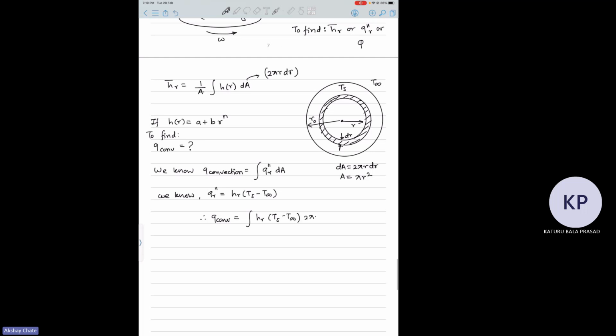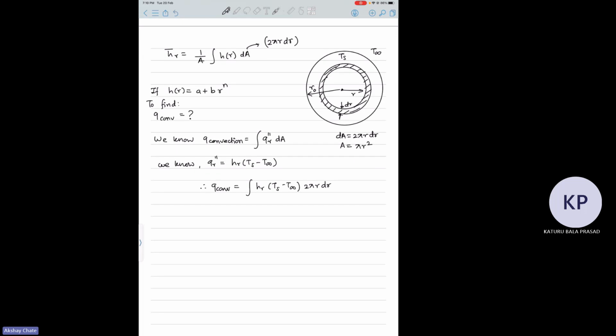So dA is nothing but 2 pi r dr. Correct, no? Now h(r) is a function which is given by this correlation. There can be anything; in this problem it is like this, so we'll use that. And this delta T is constant, so it will come out of the integration, and you will have Ts minus T infinity outside.